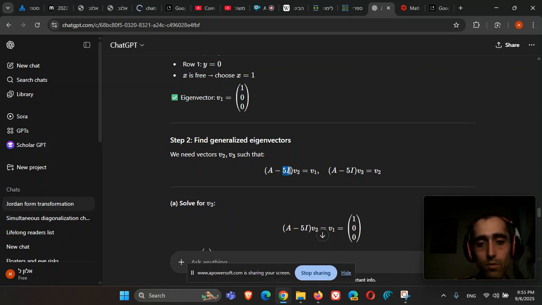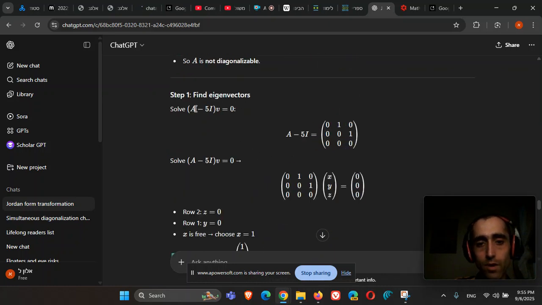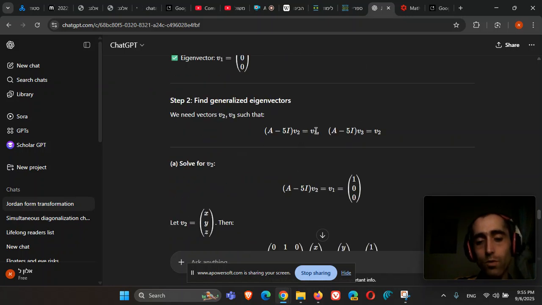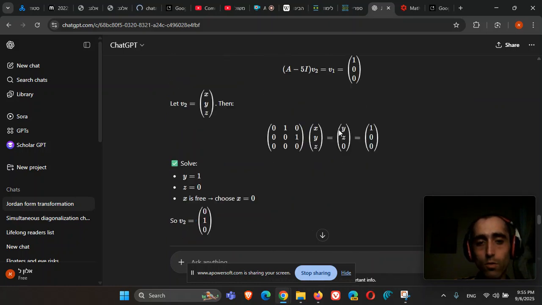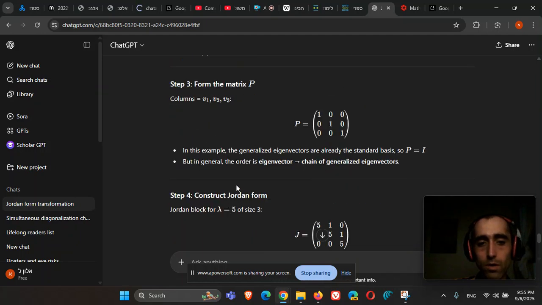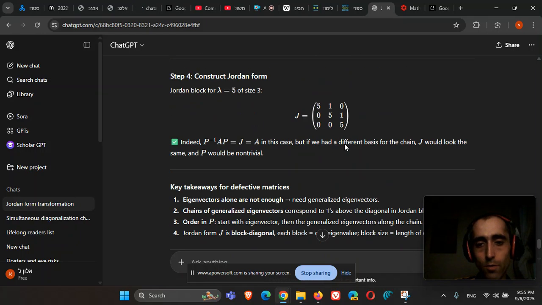I found the eigenvector by taking A minus my eigenvalue times I, times v equals 0. Now I will do v2 giving v1, v3 giving v2, and get the more eigenvectors that I need in order to construct the matrix P. And here are the eigenvectors. Okay, this is the Jordan form.